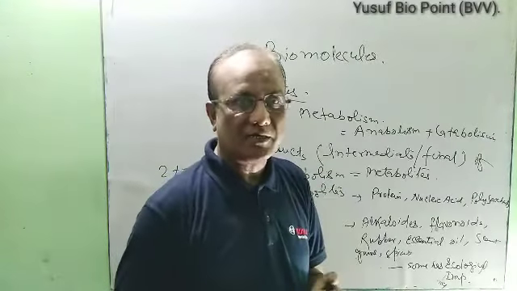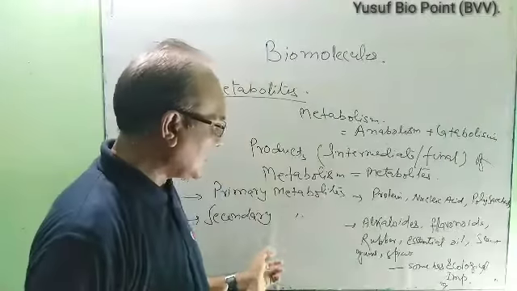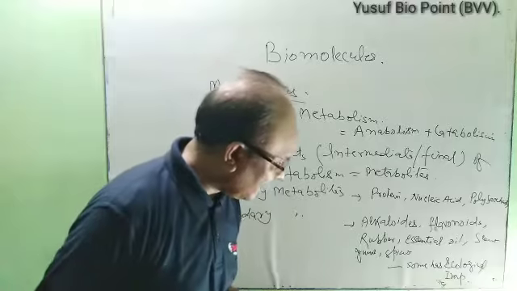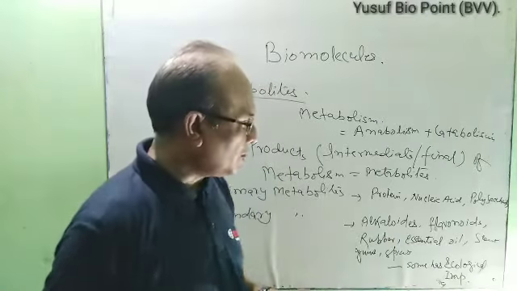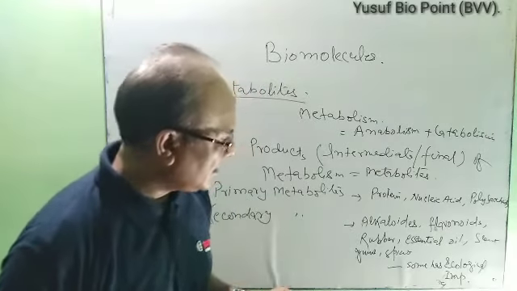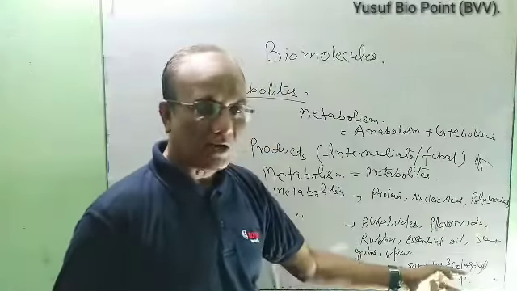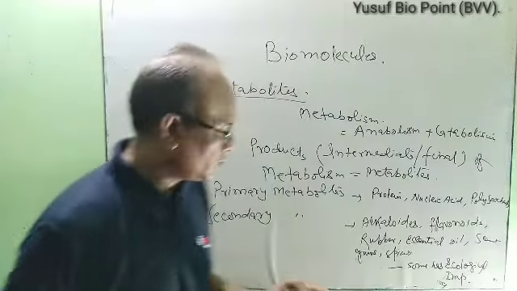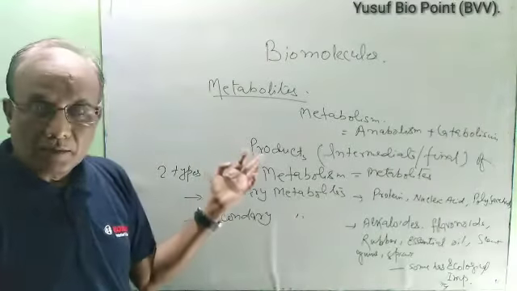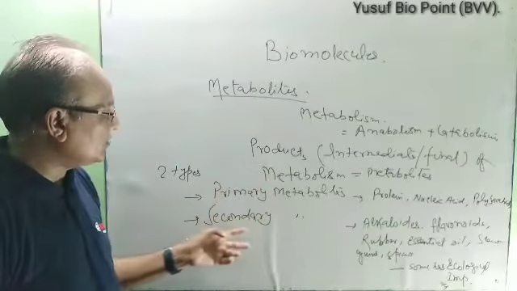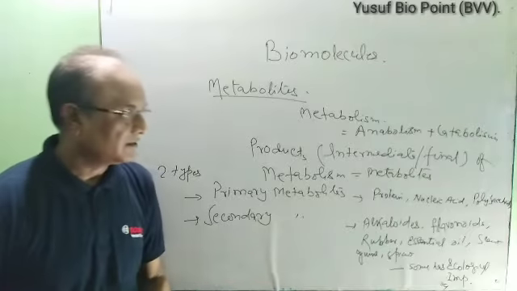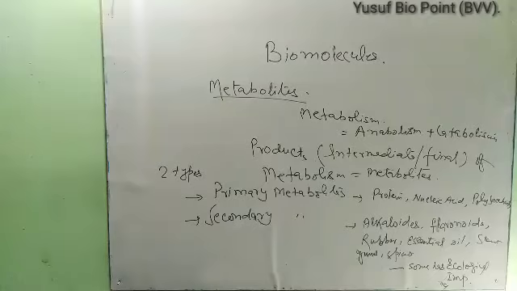But secondary metabolites such as alkaloids, flavonoids, essential oils, scents, gums and spices are not directly essential, but they have some economic importance also. They are products of metabolism, and so they are known as secondary metabolites. Understand?